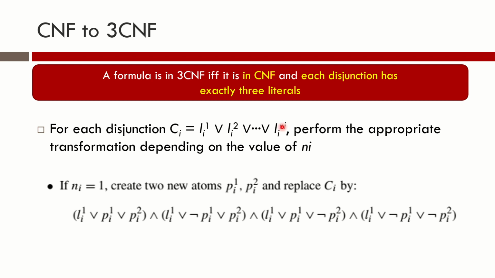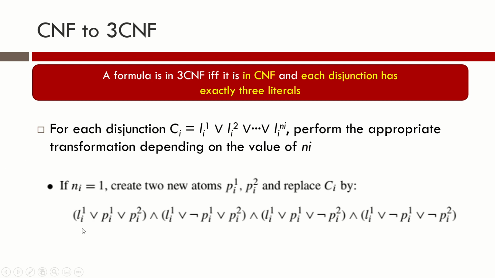Now, if ni is 1, what does it mean? Your disjunction contains only 1 literal. In which case, to make it into 3CNF form, you will have to add 2 more literals.